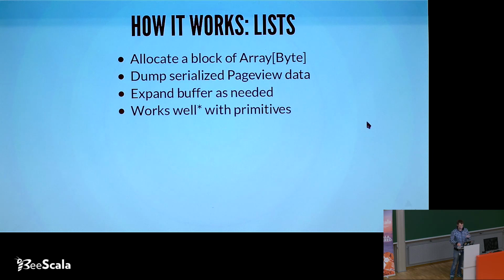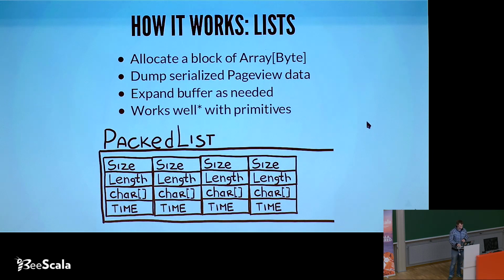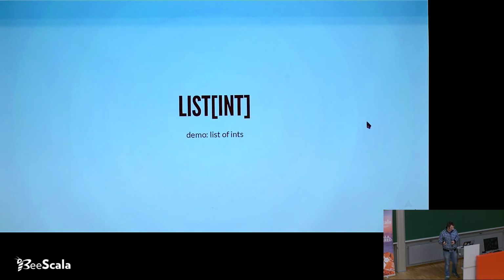It will have other overhead because of the boxing, but at least the memory usage will be fine. In the structure as it's laid out in memory, you see that there are no object headers, there are no references, everything is packed as tightly as it can be. And if you are just iterating over that, you have the size of the object, so you just go from one to another, not a big deal.